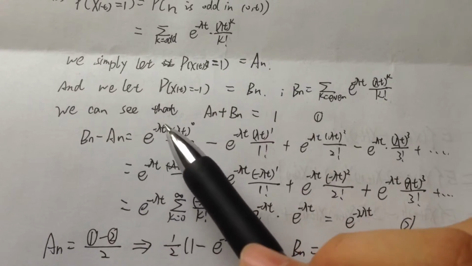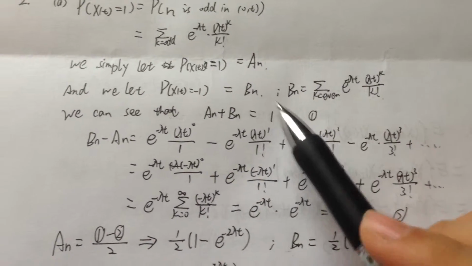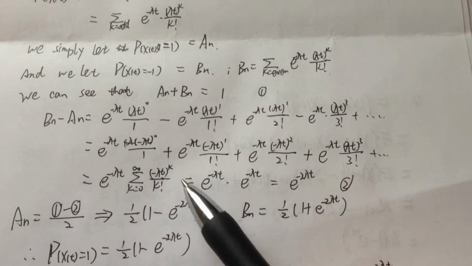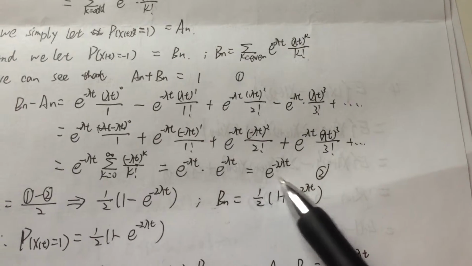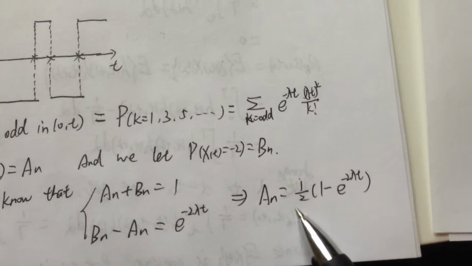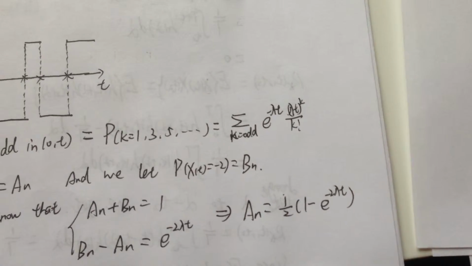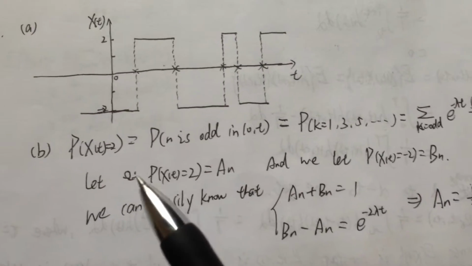We can easily see that a_n plus b_n equals 1, and b_n minus a_n equals e to the minus 2 lambda t. So we get a_n equals 1/2 times (1 minus e to the minus 2 lambda t), and that's the answer for the probability of X(t) equals 2.